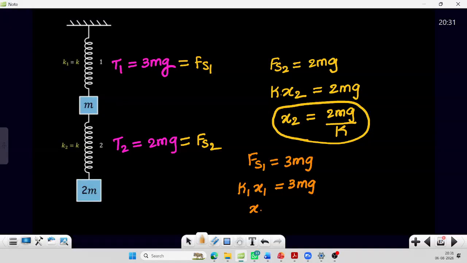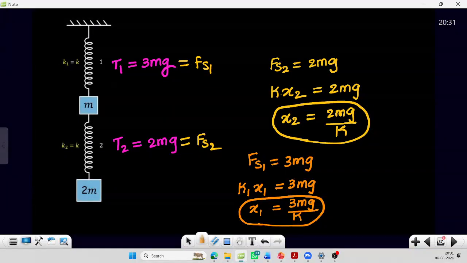So X1 becomes 3 mg by K. This is the elongation of the first spring. Whenever you are finding the elongation, treat the spring as a string only. Find the tension, which is equal to the spring force, simply.